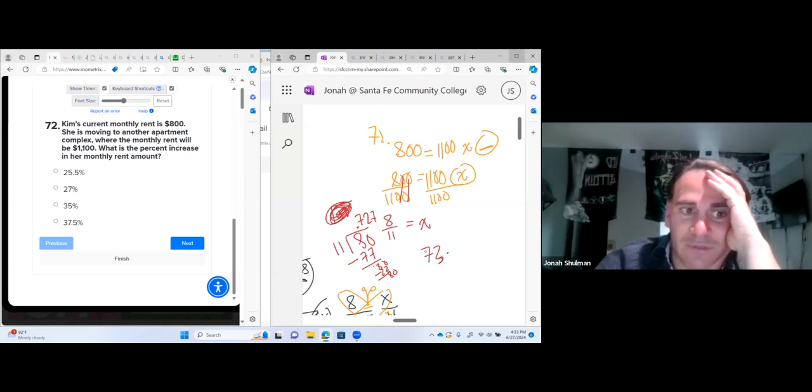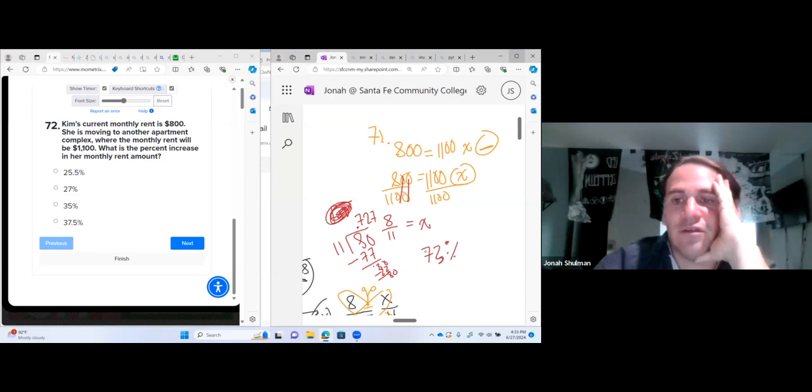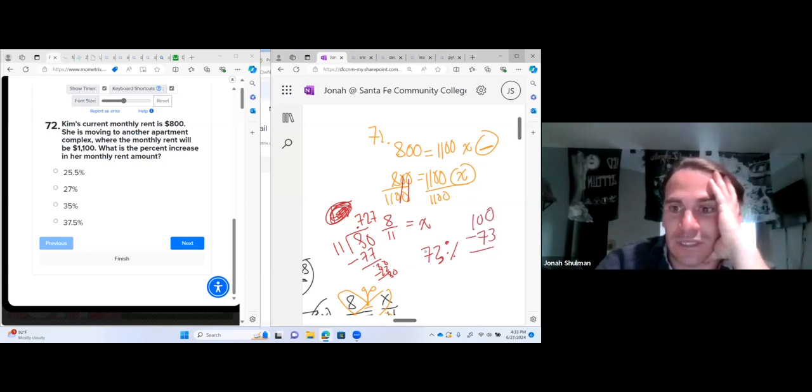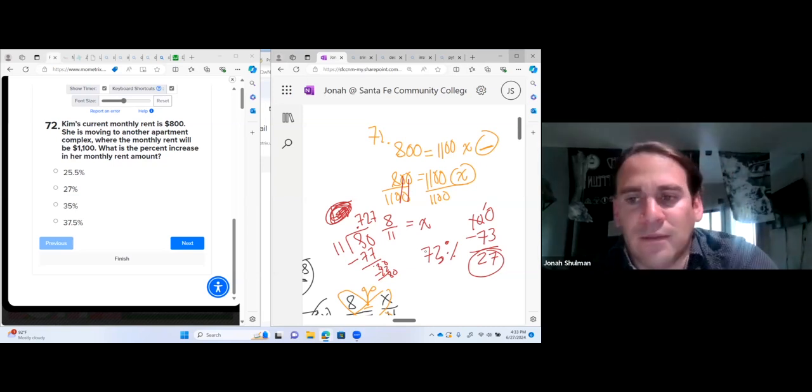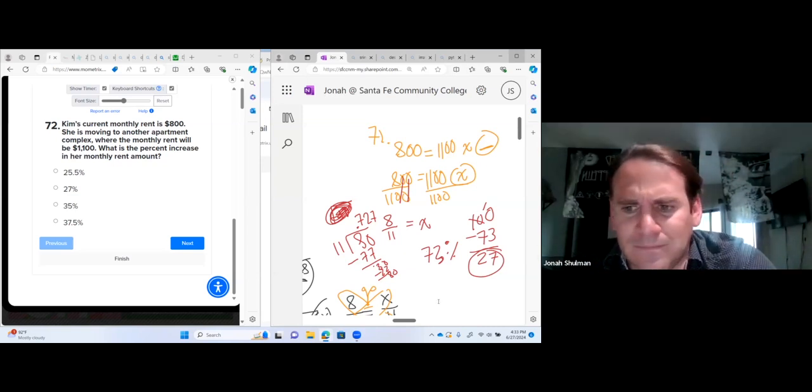I got a 73% kind of increase going on. So what is 100 minus that 73%? I got 27%. Now let's see if this really makes sense. That's how I would do it, because that's how much it goes minus 100, whatever's left over.